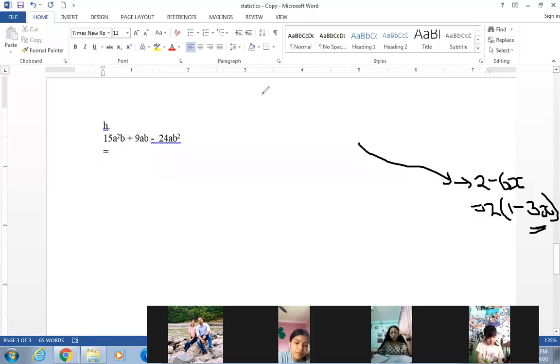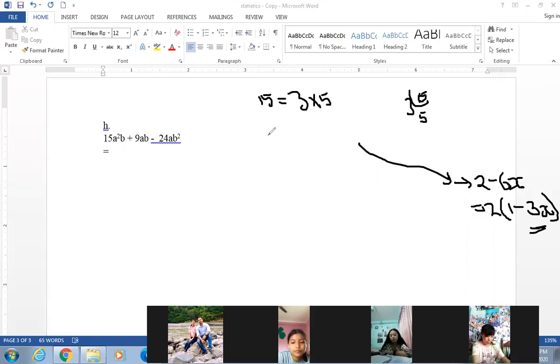Okay, so 15 means कति छ 15 हो? 3 5 is 15. So let us write 3 into 5 in your rough side. Please do this rough side also at the side of the copy. So 9. Let us find out the LCM of this 9 also. 3 into 3.